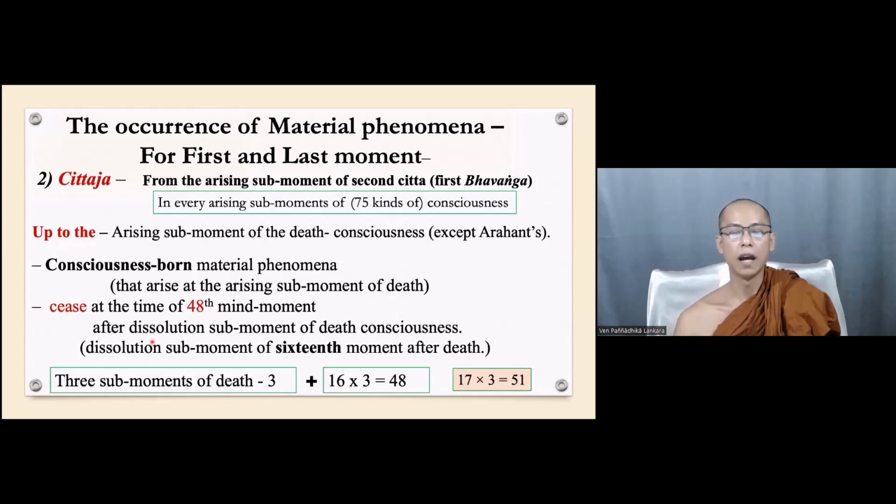It means that after the being died, the consciousness-born materiality still continues for 48 sub-moments. So if we add 3 plus 48, it becomes 51. It is the lifespan of materiality. In this way, we can collect the information related to the consciousness-born materialities.